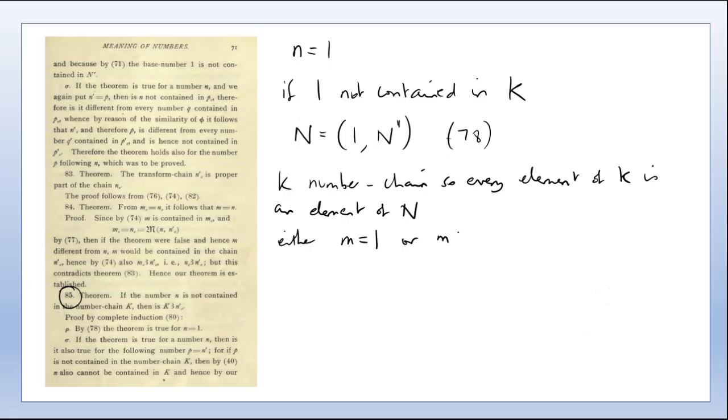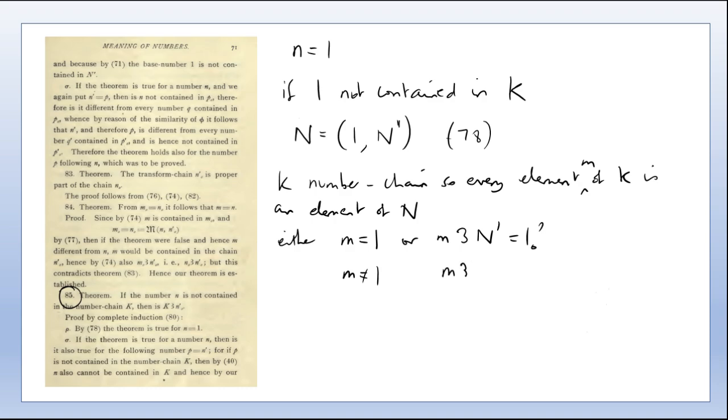or m is a part of, so every element m of k, or m is a part of n primed. Right, okay, but m is not equal to 1, right? Because we're assuming that 1 is not contained in k, so m is not equal to 1, so therefore m, right, that's it, of course.